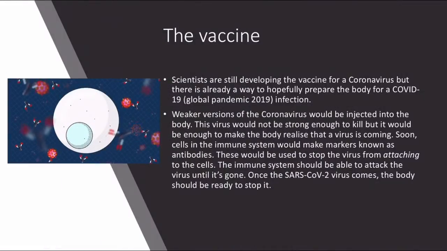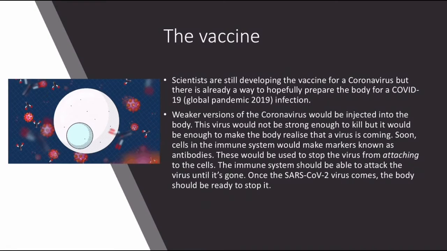Scientists are developing a vaccine for the coronavirus, but there is already a way to hopefully prepare the body for a COVID-19 infection. Weaker versions of the coronavirus would be injected into the body. This virus will not be strong enough to kill, but it will be strong enough to make the body realise that it's coming, even though it technically will not attack the body that hard.